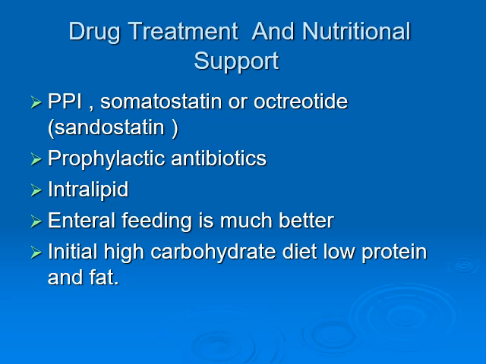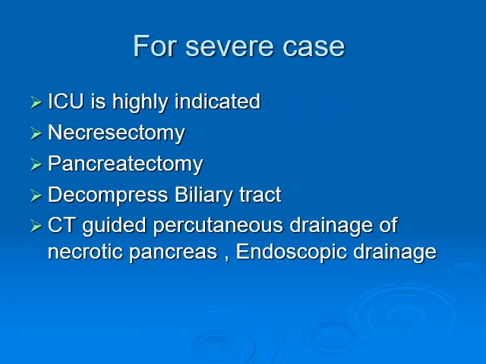It has been found that enteral feeding through a nasogastric tube or jejunostomy tube is much better than intravenous nutrition. Initial high carbohydrate diet, low protein and fat is recommended.